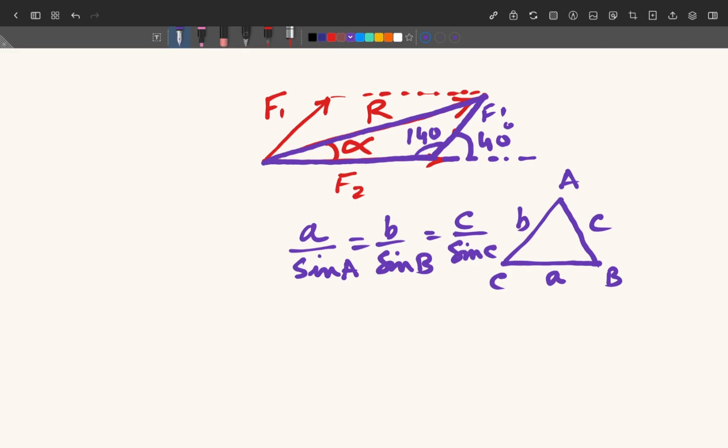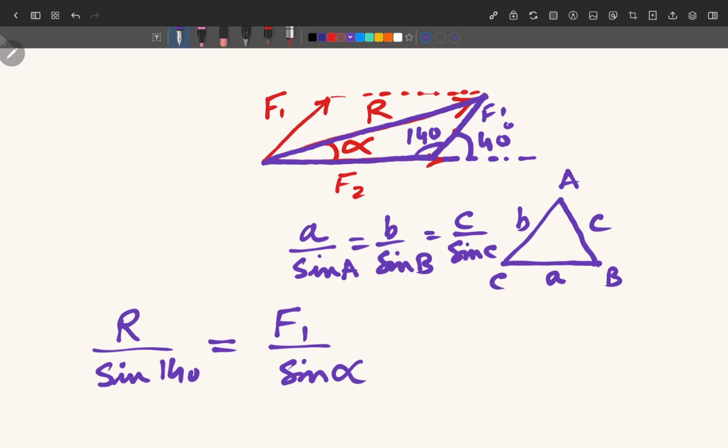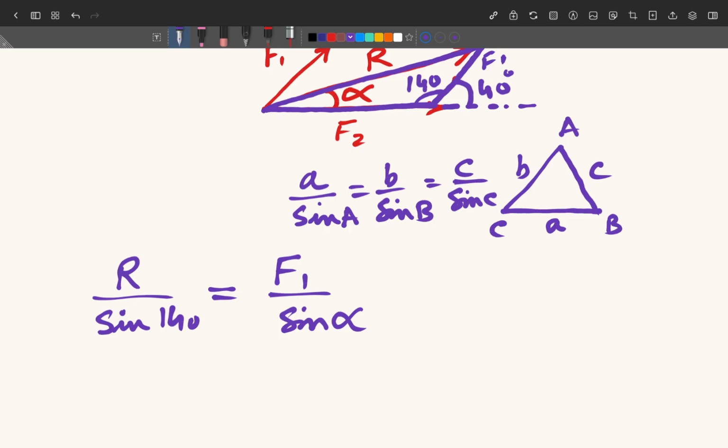We can say that R upon sine 140 is equal to F1 upon sine alpha. The angle opposite to R is 140 degrees, and the angle opposite to F1 is alpha. When we substitute the values of R and F1, we can calculate the value of sine alpha.